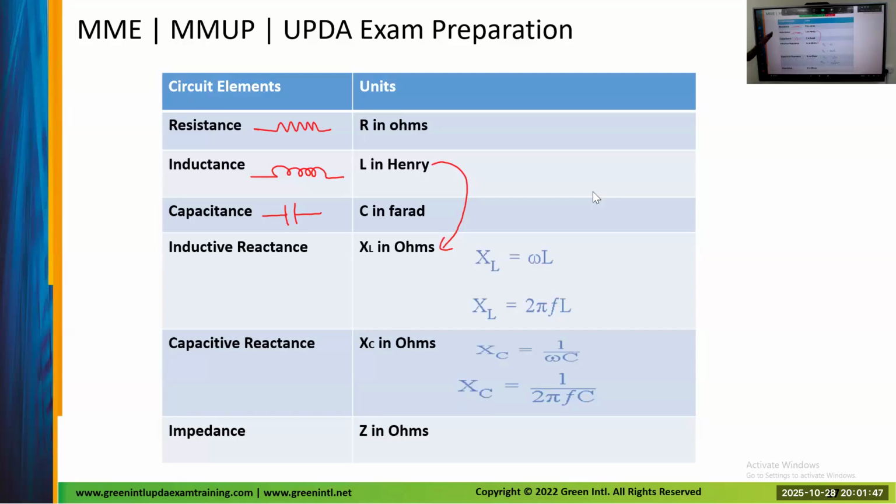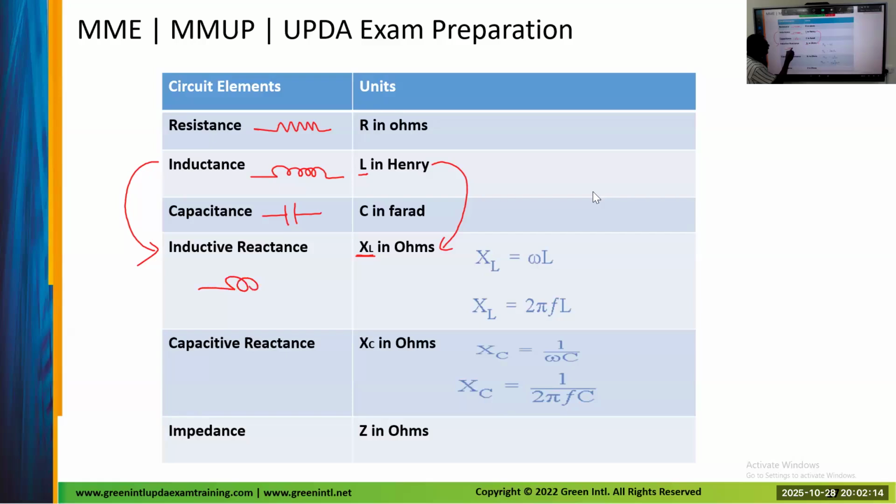Henry means it's an inductance, so the name is also changed. Instead of inductance, we call it inductive reactance. The inductive reactance is denoted by the symbol XL. So inductance is denoted by L, inductive reactance by XL. What is the symbol for the inductive reactance?